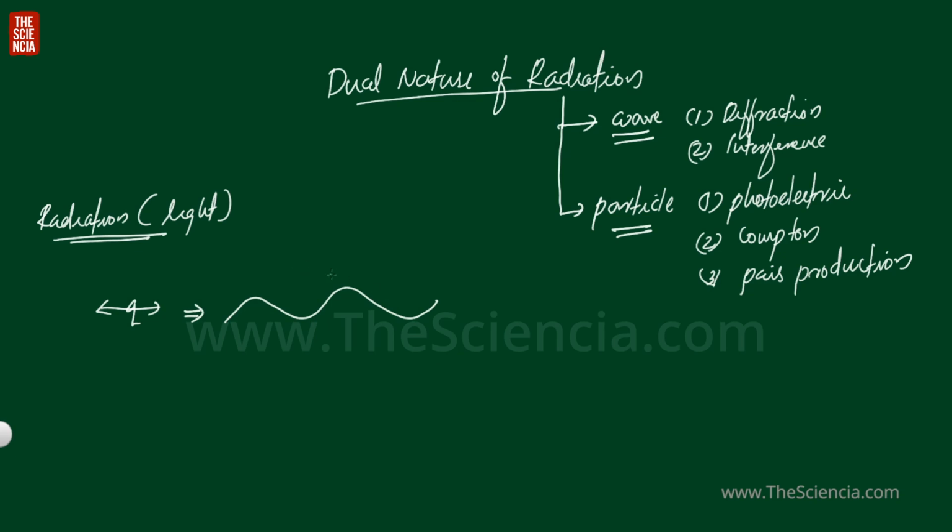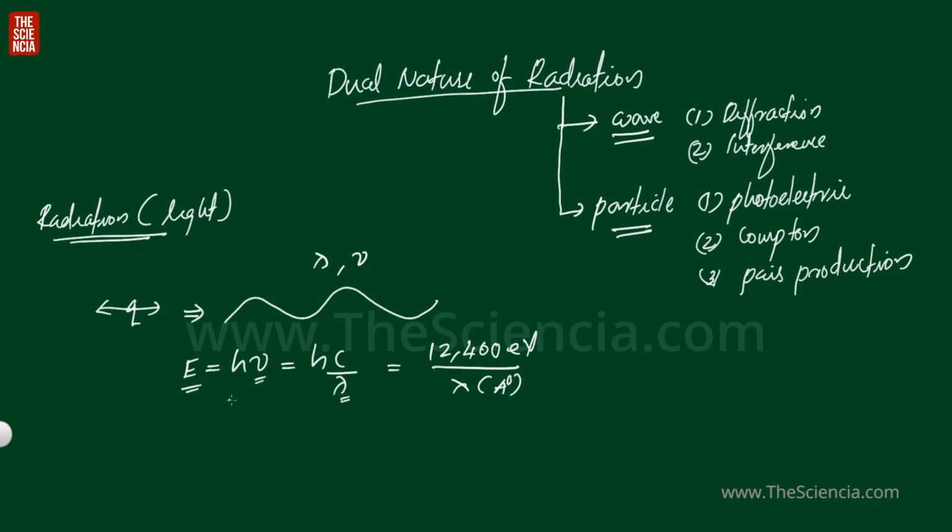And this radiation has a certain wavelength lambda and a certain frequency nu, and its energy E will be equal to h nu, where we know nu is c by lambda, that is hc by lambda, that is, hc is equal to 12,400 eV by lambda in Angstroms.